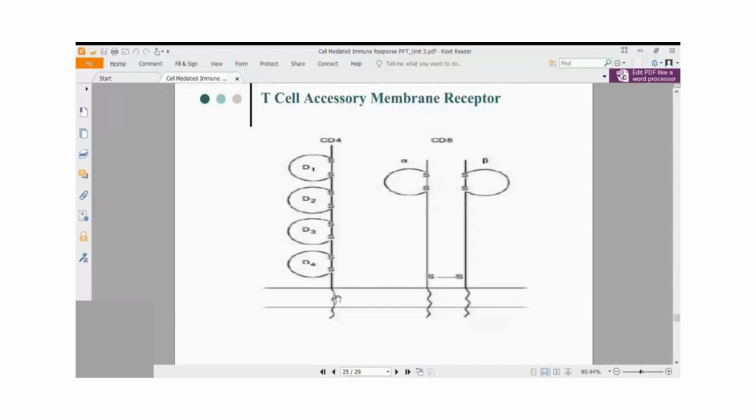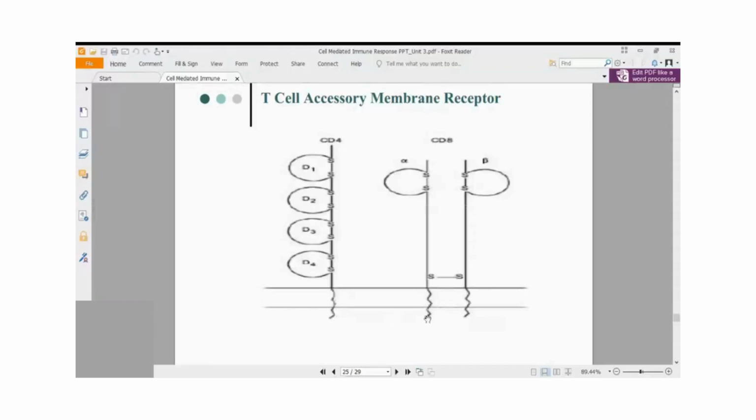It has a transmembrane domain made up of about 20 to 22 amino acid residues, and a cytoplasmic domain made up of 25 to 27 amino acid residues.